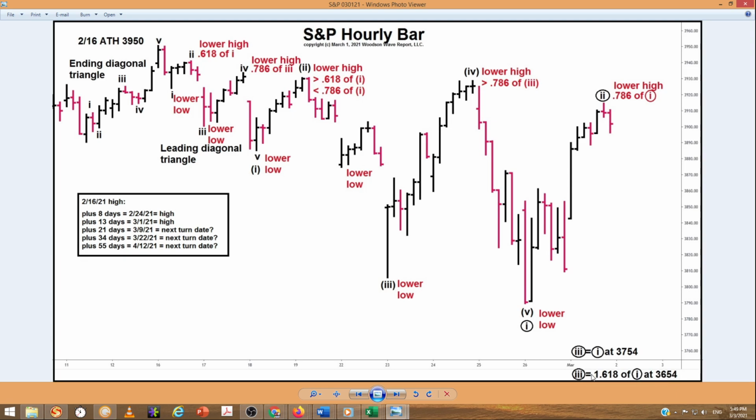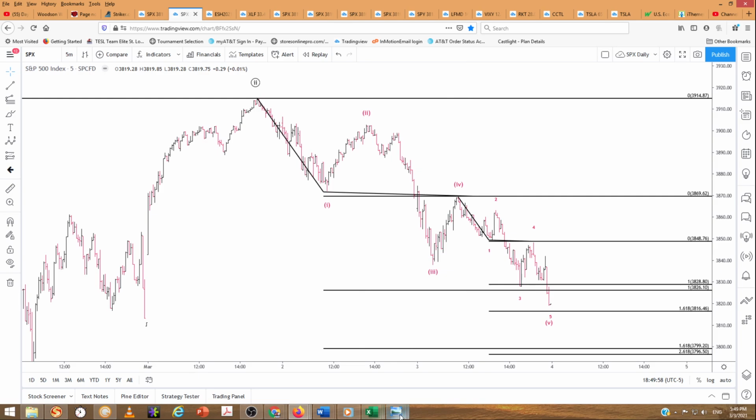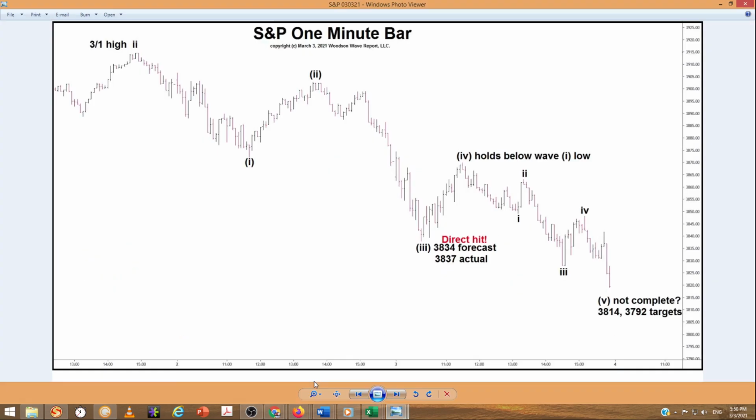This is yesterday's chart, our March 1st chart. We're looking at 36.54. And if we can look here, I believe we got it. There's the 3-1 high. There's wave 1 down, 2 up, 3 low. We looked at 38.34. We got 38.37.